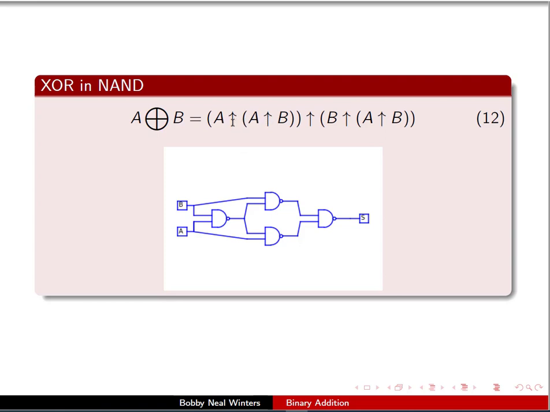This operation, the very first NAND operation that we do, is this one right here. And so again, you just follow the flow. And this can be checked out to show it works just via truth tables.